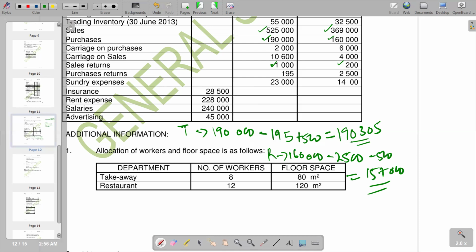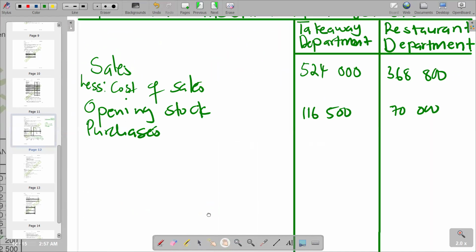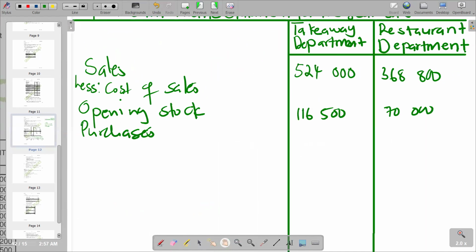So we come there and indicate our figures. For purchases now, for the takeaway department, we've got 190,305, and for the restaurant department, we've got 157,000.